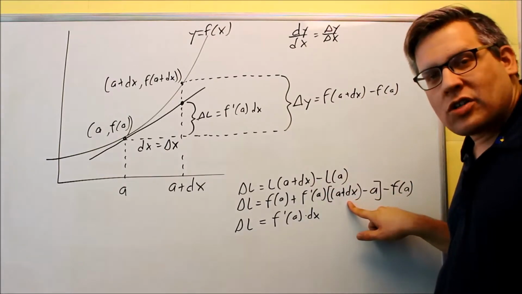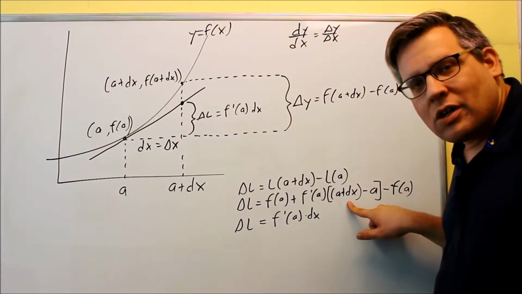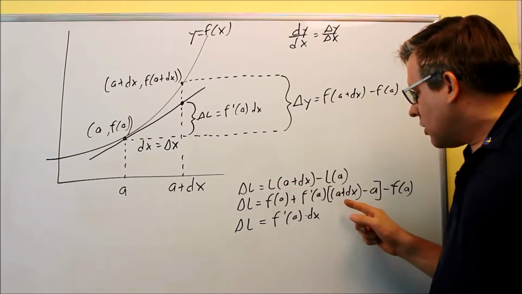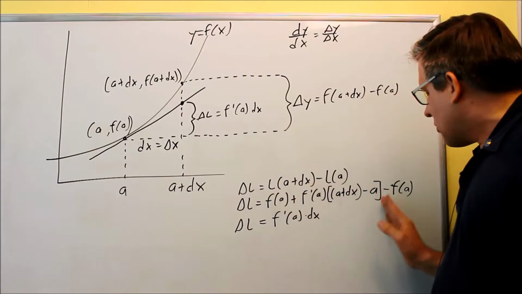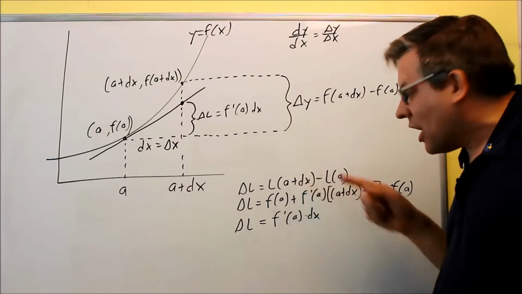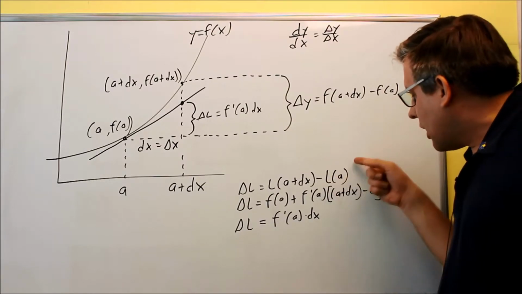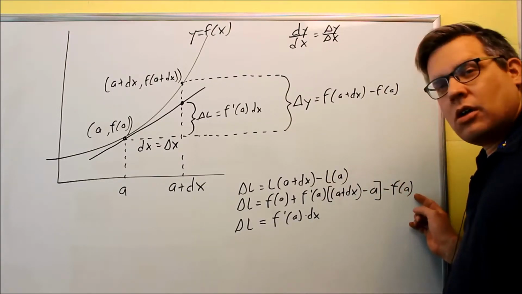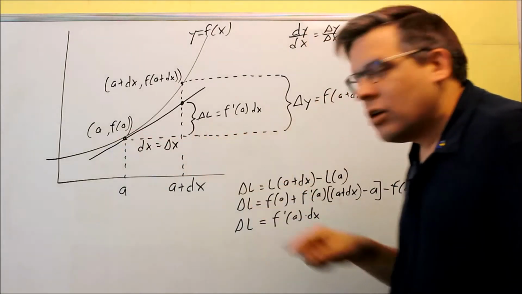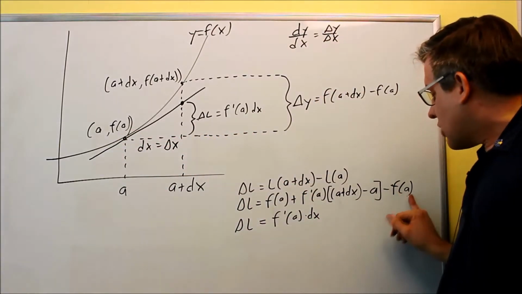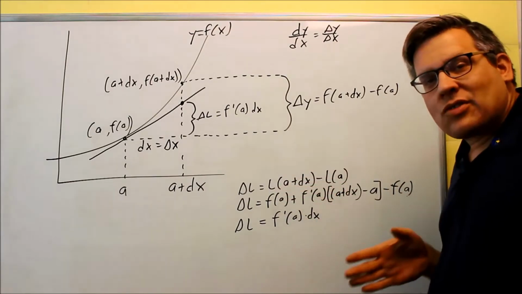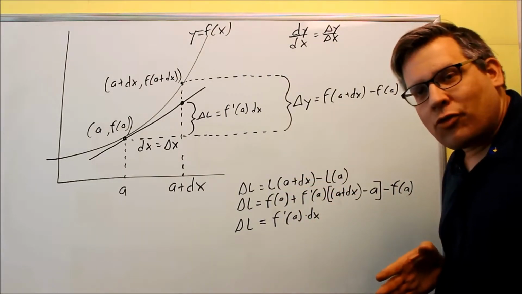We're going to use our linearization function that we've talked about before in the earlier part of this section. This part right here would be your L of a plus dx. That's a linearization by using a plus dx. And then I have minus L of a, that's going to be your f of a here, because we're actually at the y value of the original function. Okay, so that's where that part comes from. Now this is our linearization, and remember, it's x minus a in the formula for your linearization.